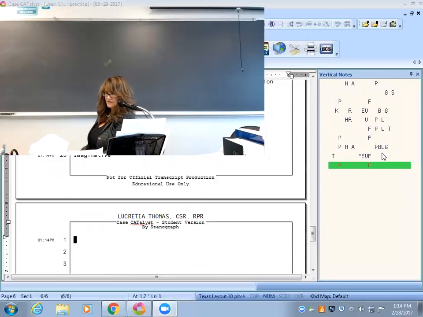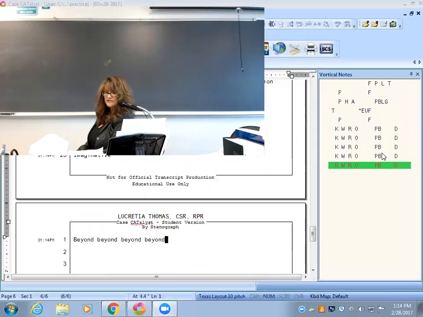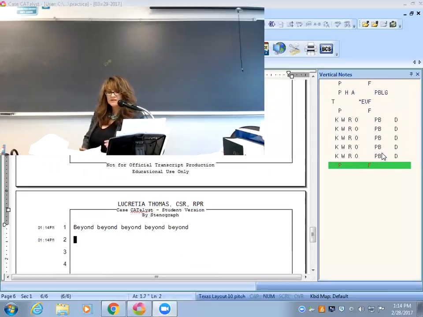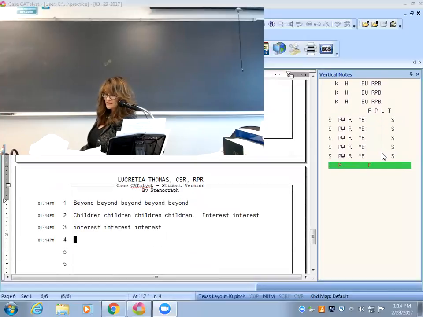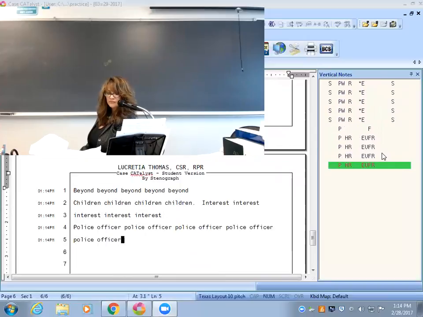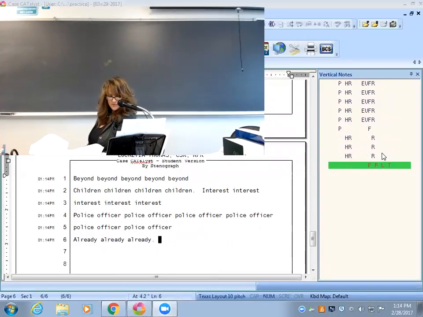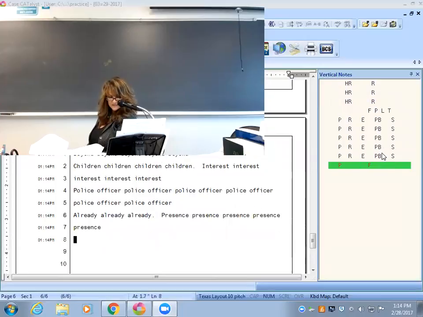And then you have beyond is yond, Y-O-N-D for beyond. Children is churn. Interest, S-P-W-R-E-S asterisk. And then police officers, pliffer, P-L-I-F-R. You have already is L-R. You have presence, P-R-E-N-S.